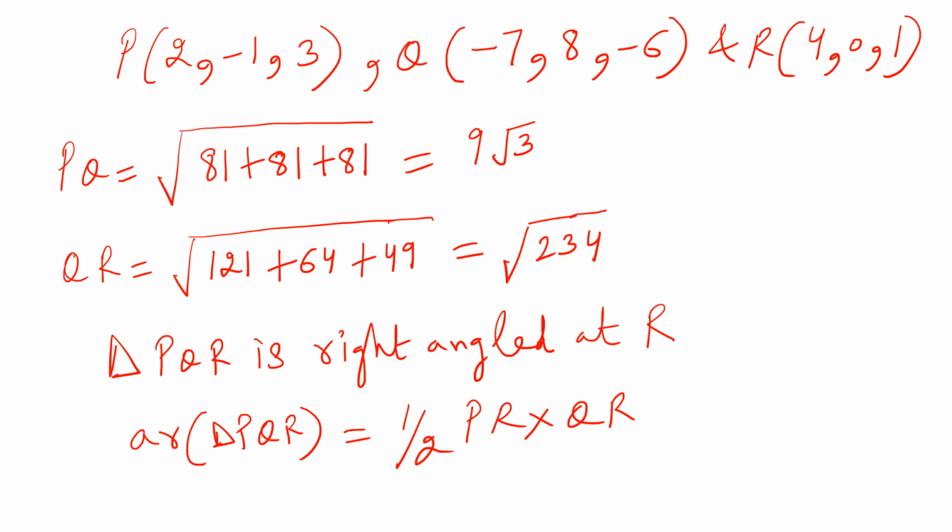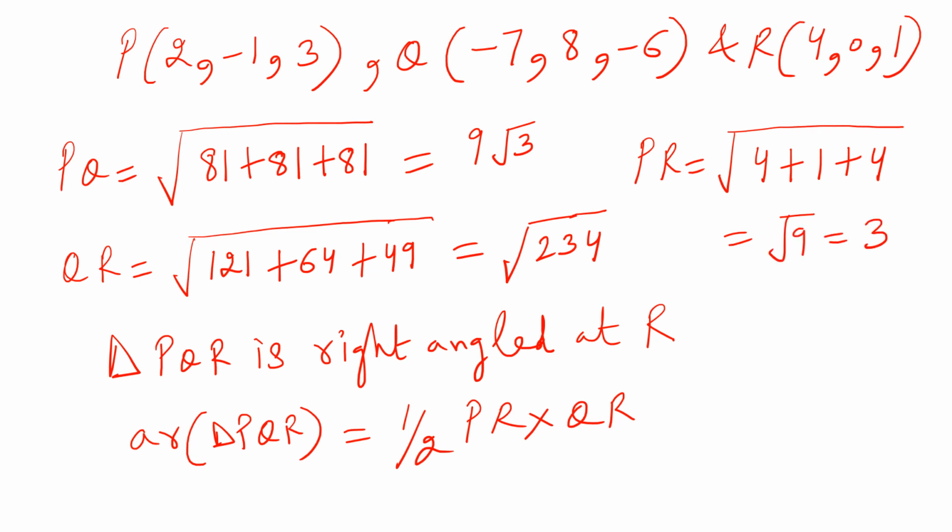Now students, we find the length of PR again by using distance formula. It becomes square root of 2 square, which is 4, plus 1 square, which is 1, and plus minus 2 square, which is 4. So this becomes square root of 9, and this is just 3.